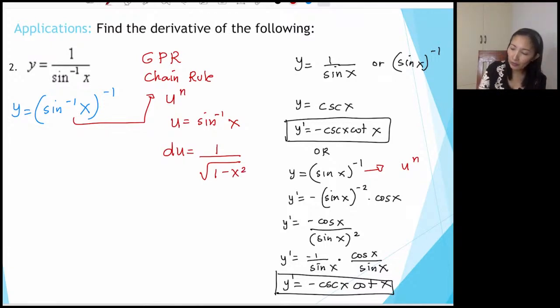Now, going back to the function given, our function is u raised to negative 1.